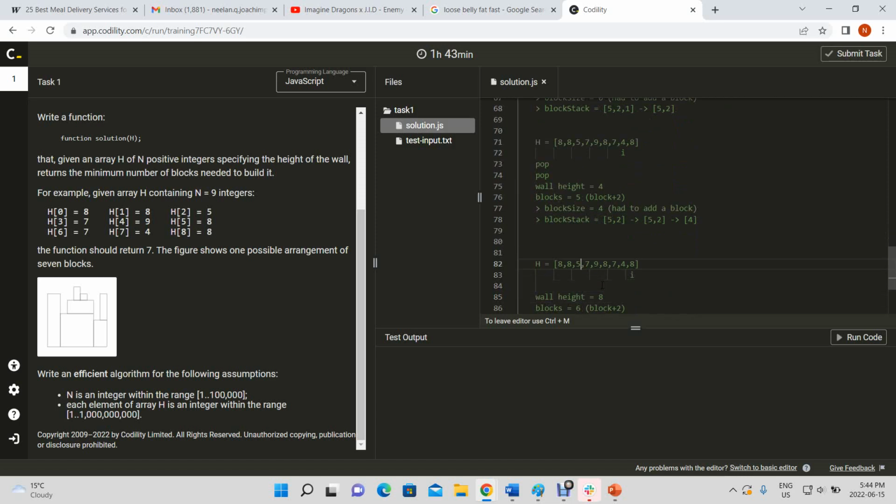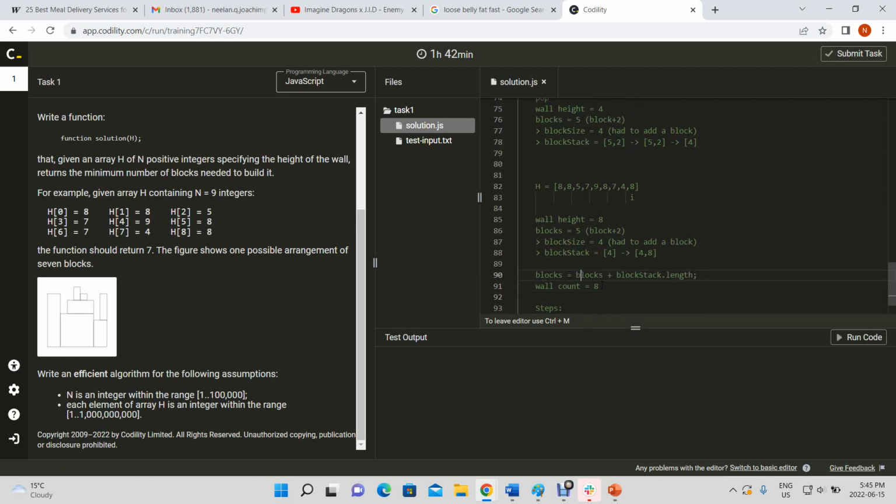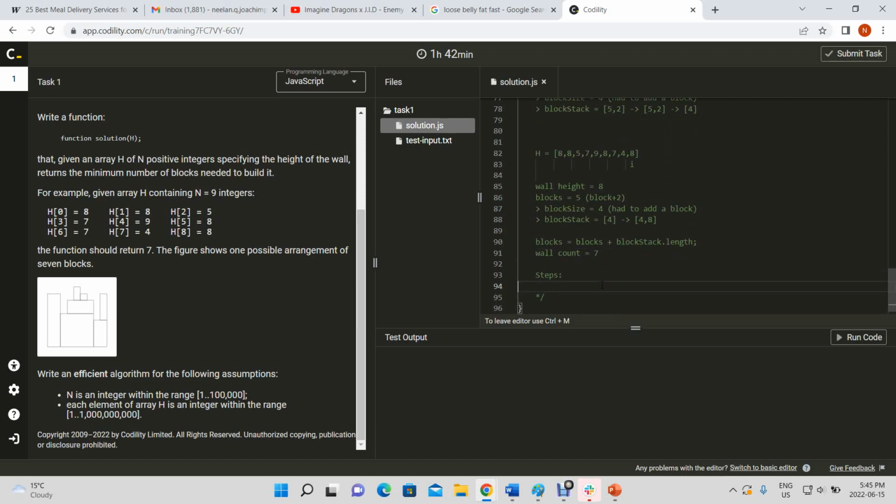And so we are at wall height of 5 and stay at 5. And this would actually be 7 because we have 2 left in the stack over. So, okay, that is where we went wrong, because we were starting off with 1 block before actually needing to count it. Okay, I hope that made sense.